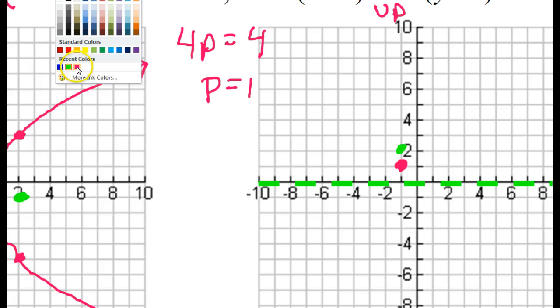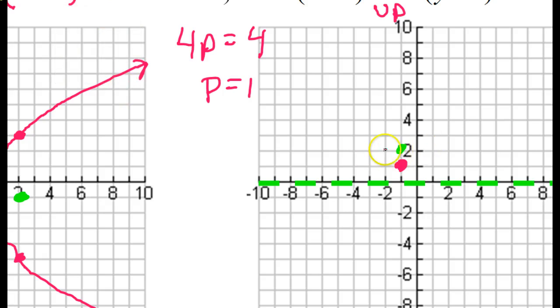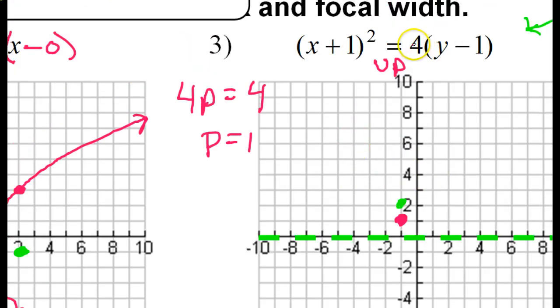Now I need my 2 other points. At the focus, I can use the focal width. The focal width is 4, so that means I'll have to go 2 to the right and 2 to the left. All right, and you see that gives me a total focal width of 4. And then that's the information I need to go ahead and draw this thing.